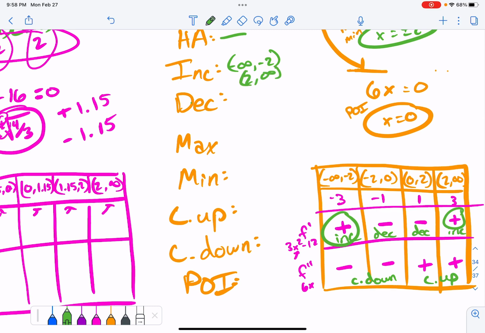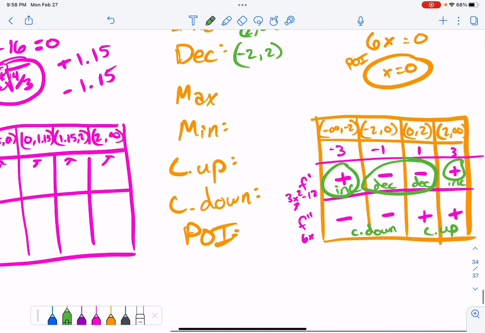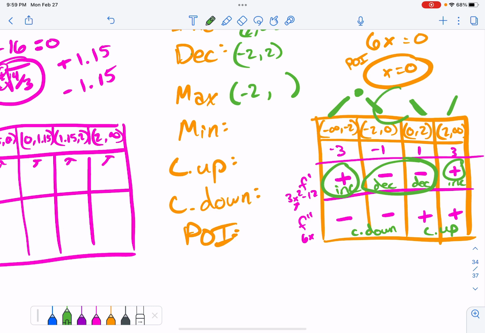Decreasing, I can lump together, from negative 2 to 2. That means there's a maximum at negative 2 comma something, and a minimum at positive 2 comma something.